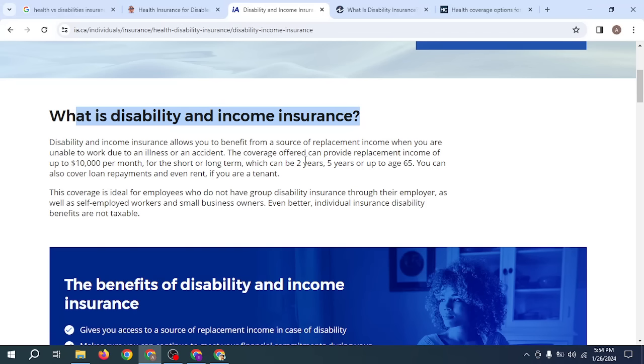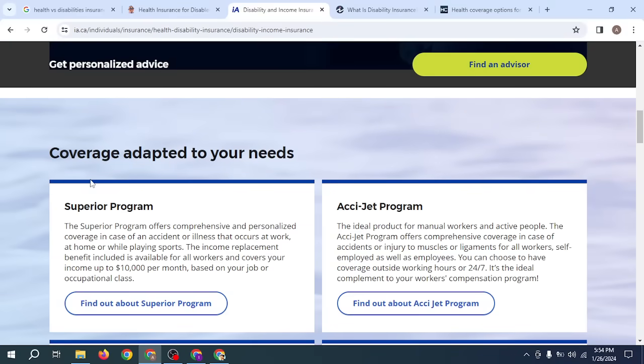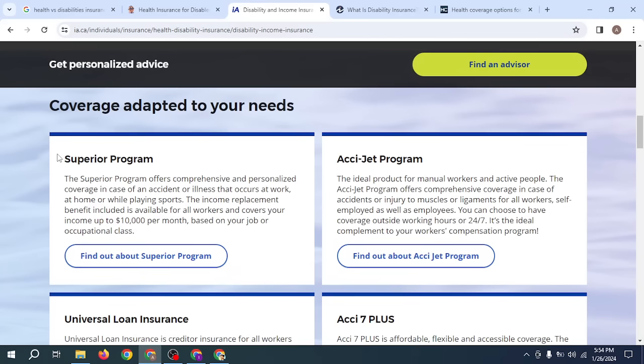The coverage offered can provide replacement income of up to $10,000 per month for the short or long term, which can be 2 years, 5 years, or up to age 65. You can also cover loan repayments and rent. Coverage is adapted to your needs.